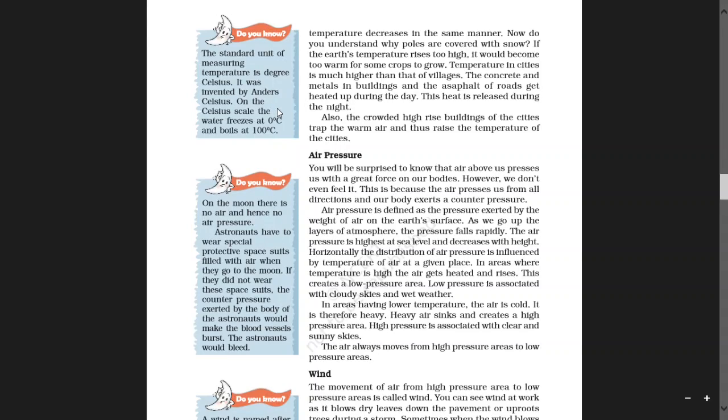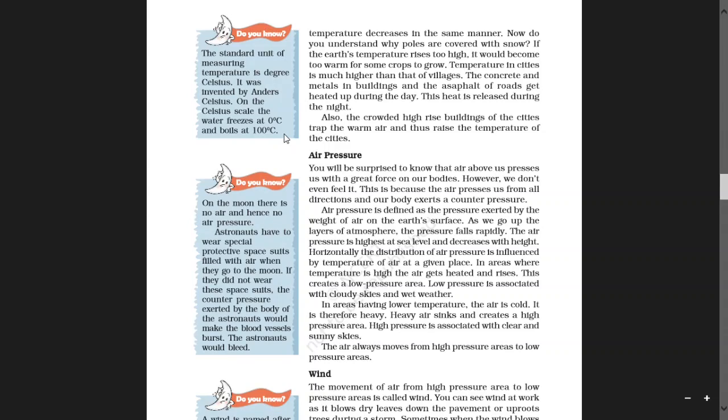It was invented by Anders Celsius. On the Celsius scale, water freezes at 0 degrees Celsius and boils at 100 degrees Celsius.